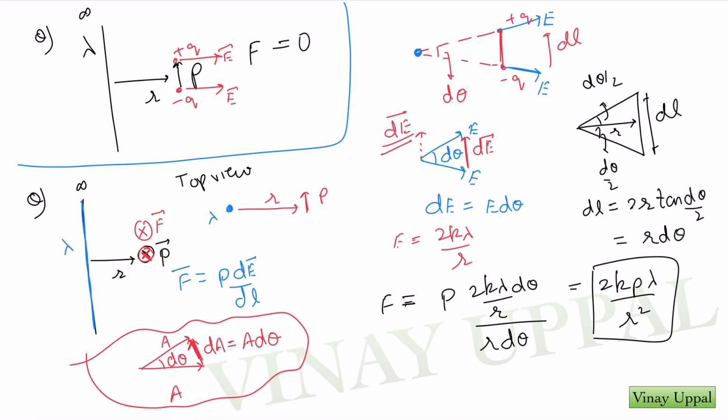Let's do another question. So suppose I have a ring, uniformly charged ring. Let's say charge is q, radius is r, and on its axis I have a dipole, small dipole, placed at a distance x.